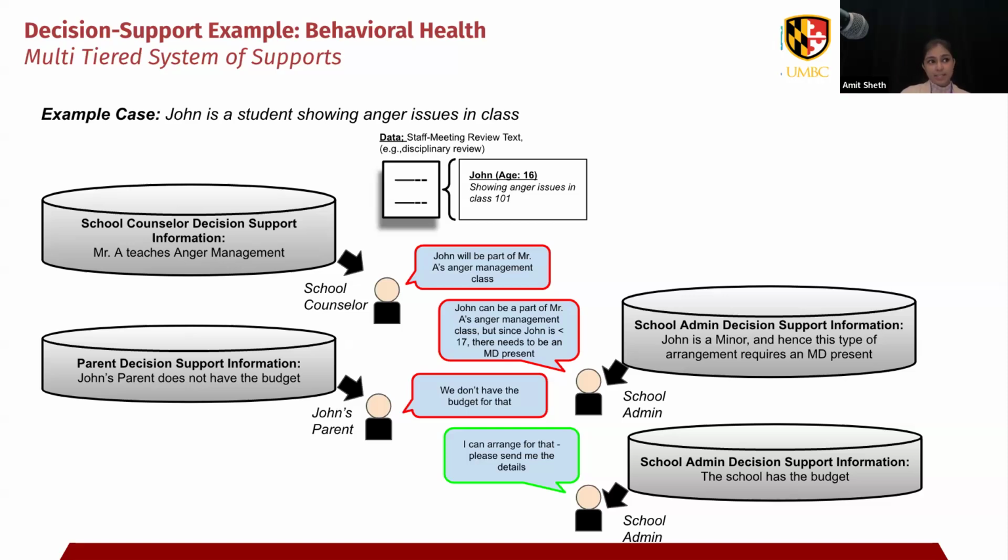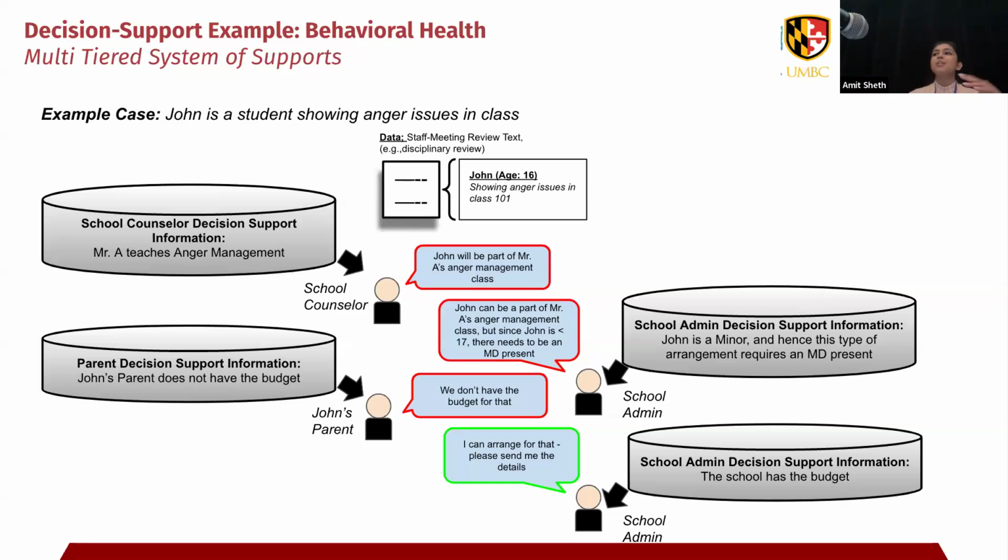But since John is only 16 and he's a minor, there has to be an MD present. Having an MD present in classes requires budget. And at this point, John's parents might come and say that, oh, we don't have the budget to support this. And the school admin says that, okay, the school has some budget.